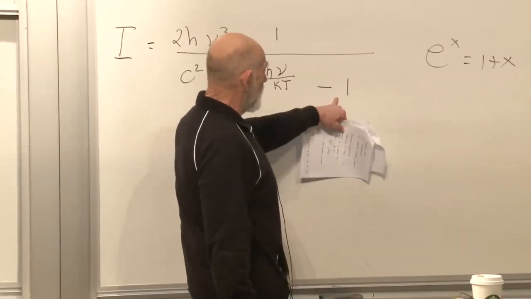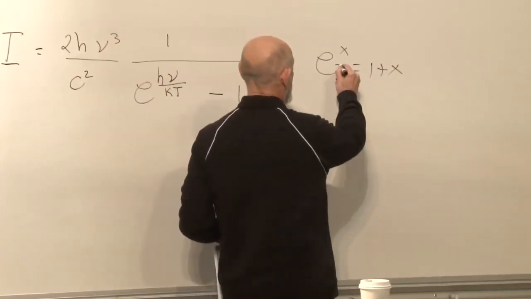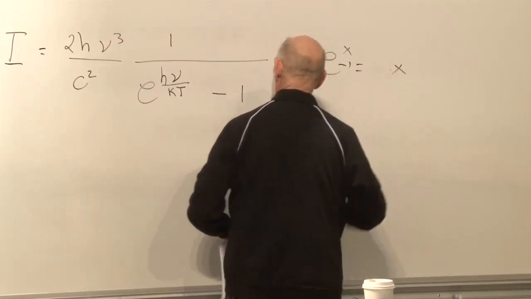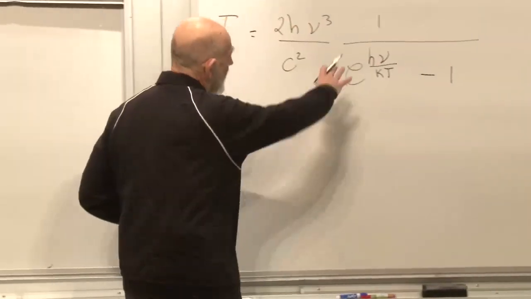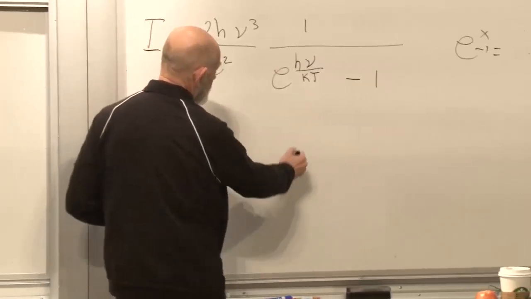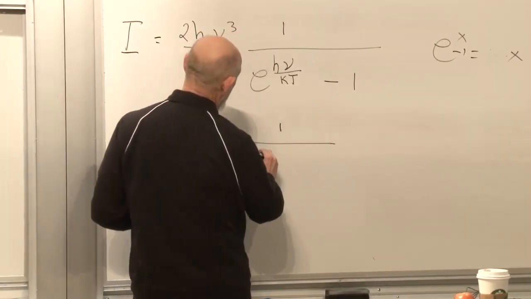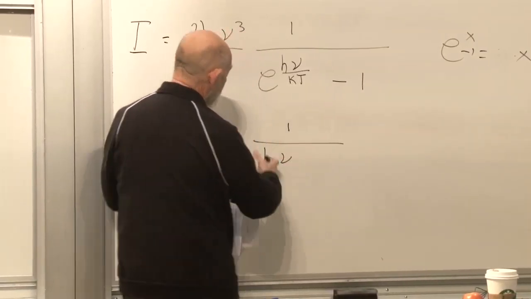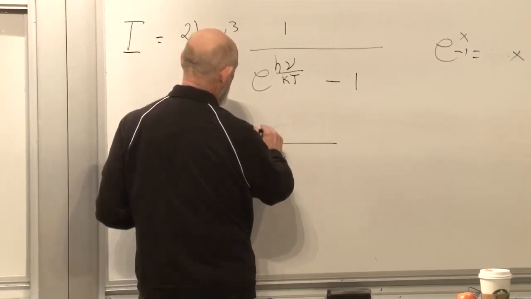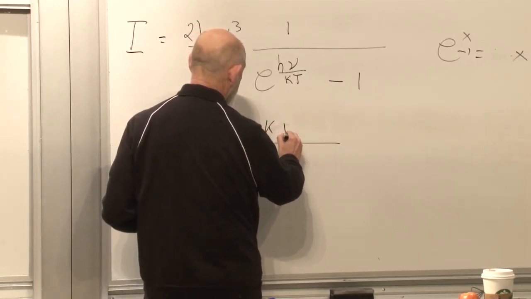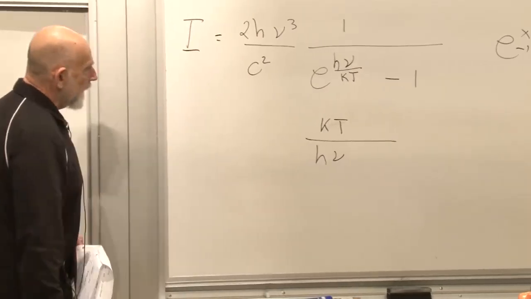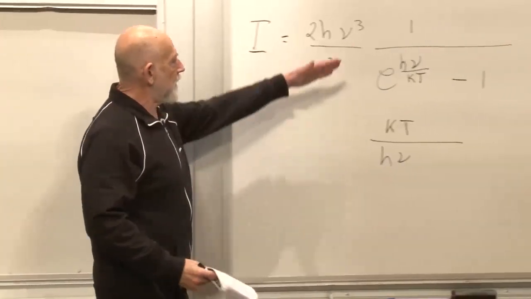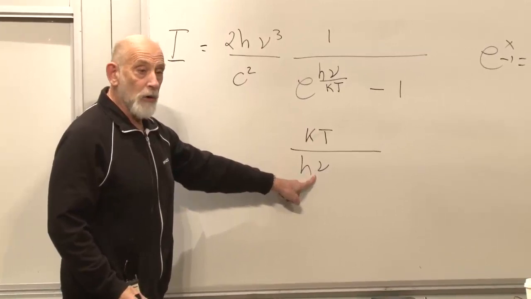Then subtract off the 1, and e to the x minus 1 is just x. So what's in the denominator here is just h nu divided by kT, but that means the kT can go in the numerator. That's what the complicated function is for small nu.